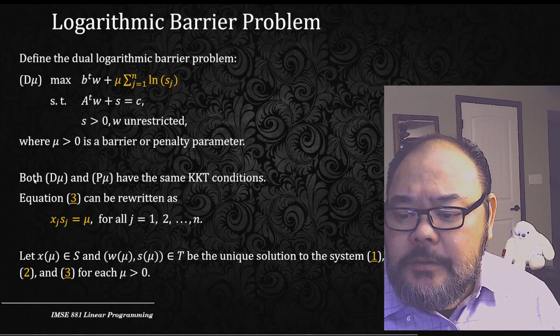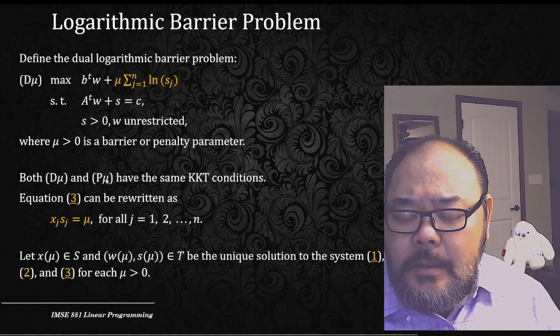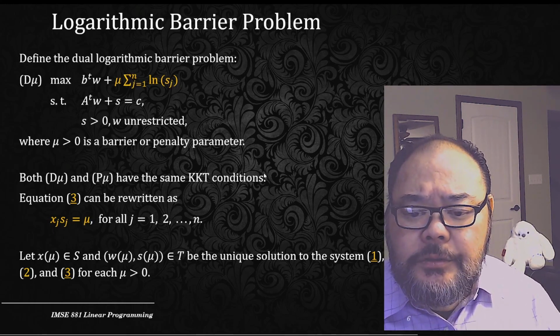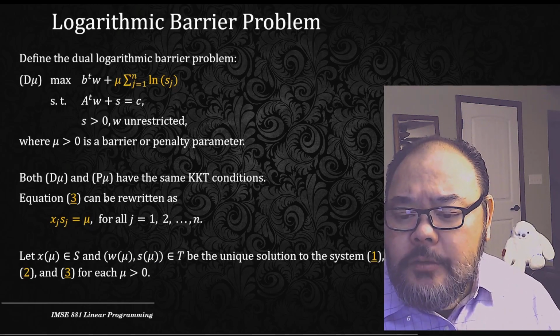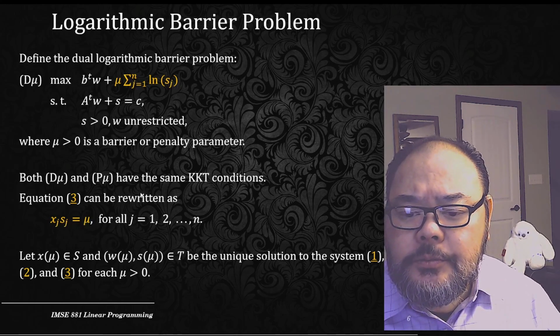As we can see, both D_mu and P_mu have exactly the same KKT condition we talked about in the previous slide. And equation 3 we can rewrite as x_j times s_j equal to mu.